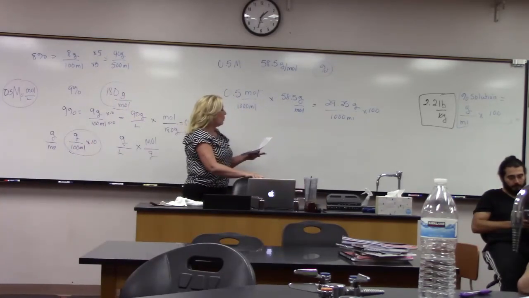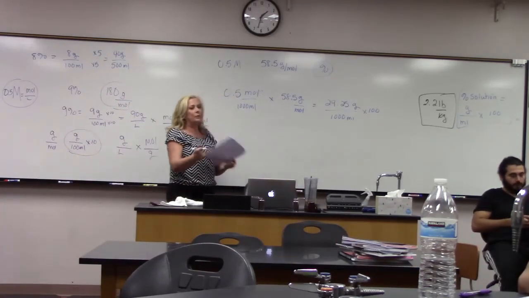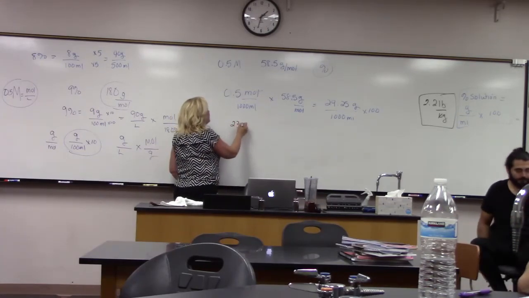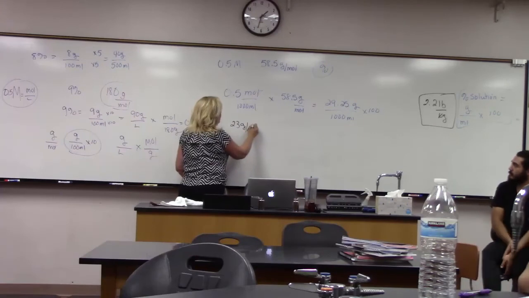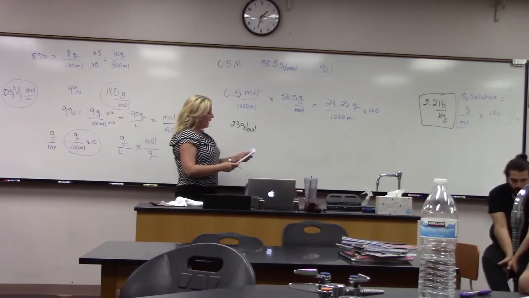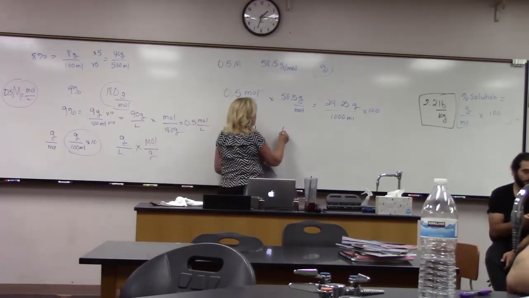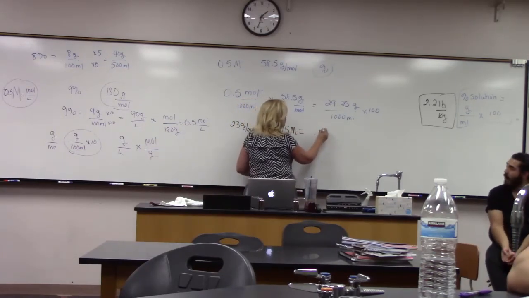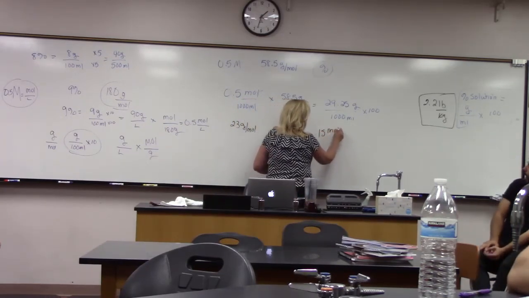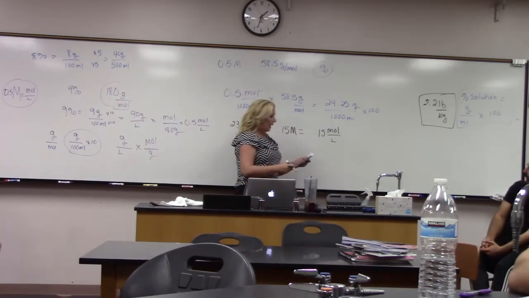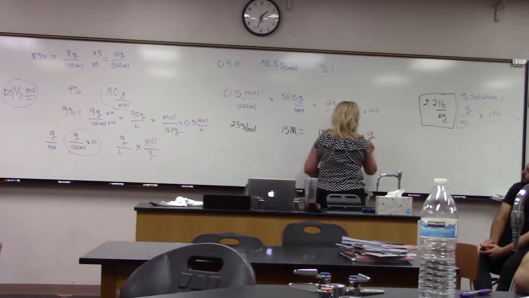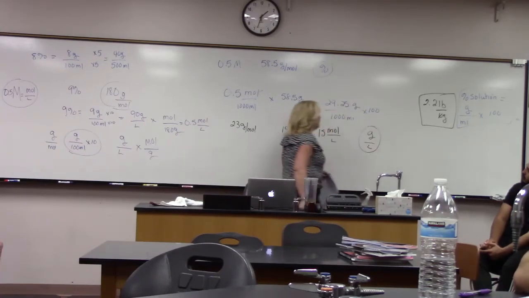Okay, so what is the atomic weight of sodium ions? 23 grams per mole. And then we have a 0.15 molar solution, which is the same as 0.15 moles per liter. And they're asking for grams per liter. This is what we have to find.